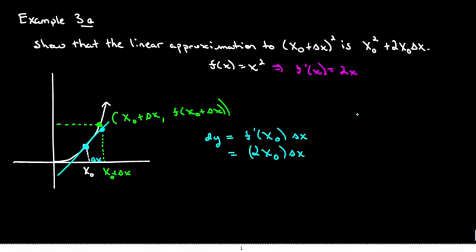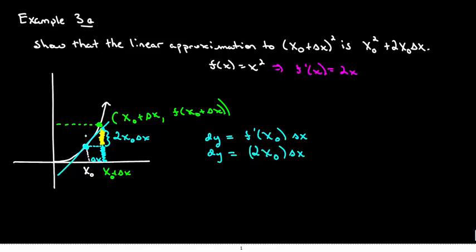And so what we can go ahead and do, give me 1 second here. So this dy is this distance, it's literally this distance right here, 2x naught delta x. That's this guy right here. But the total length up, the total approximation, I have to also add this guy.